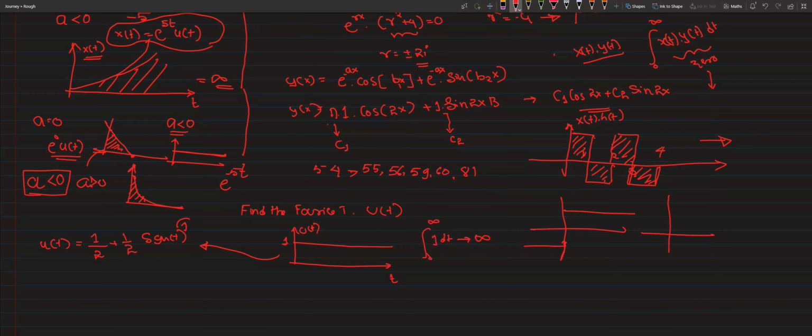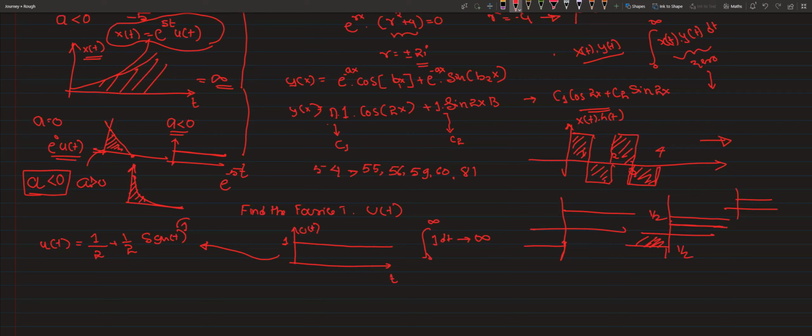If I multiply 1 by 2 to this, it becomes 1 by 2 and negative 1 by 2. Now if I add 1 by 2, these portions get cancelled and only this portion remains. It will add 1 by 2 again and it will become u of t. So this is the standard formula, and we need to use it to find the Fourier transform of u of t.